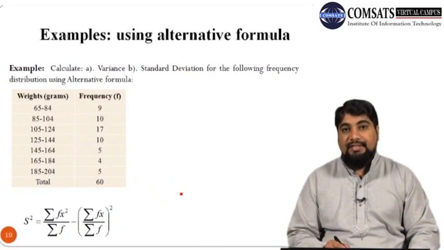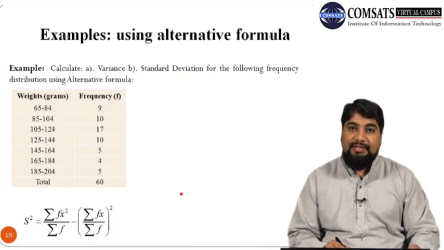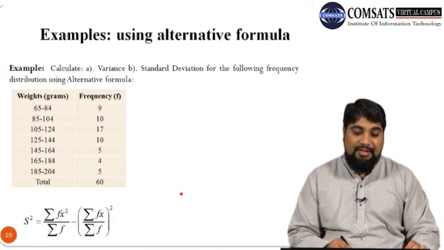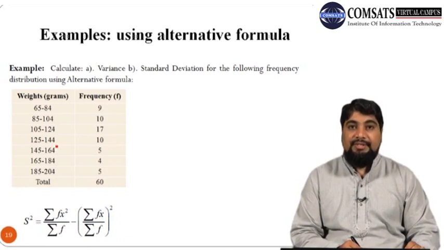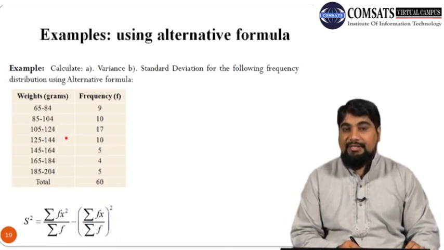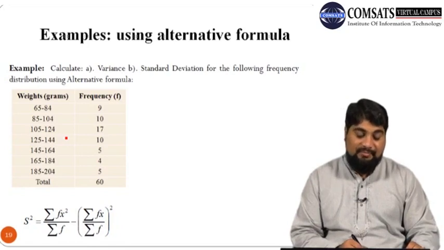So next we discuss an example of calculating variance and standard deviation for the grouped data using the alternative method. Here is the same frequency distribution of weights of different students. We are interested in calculating variance and standard deviation for this data.